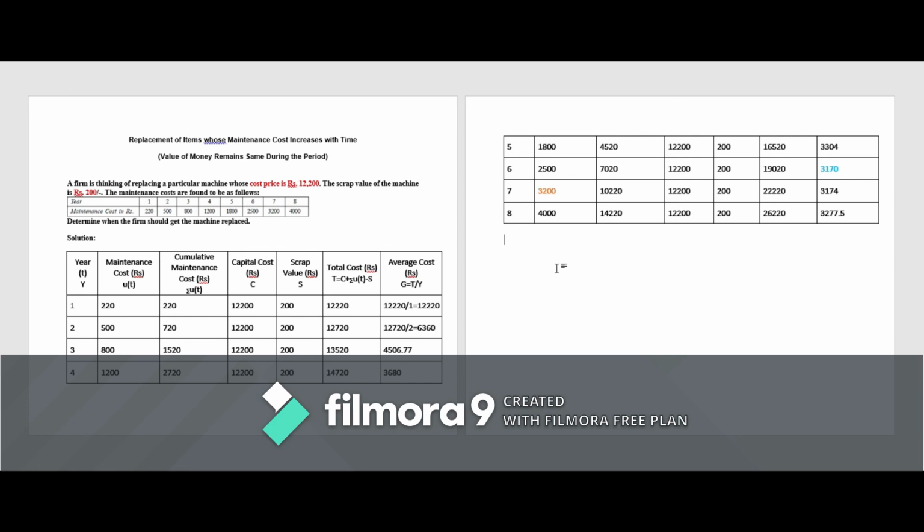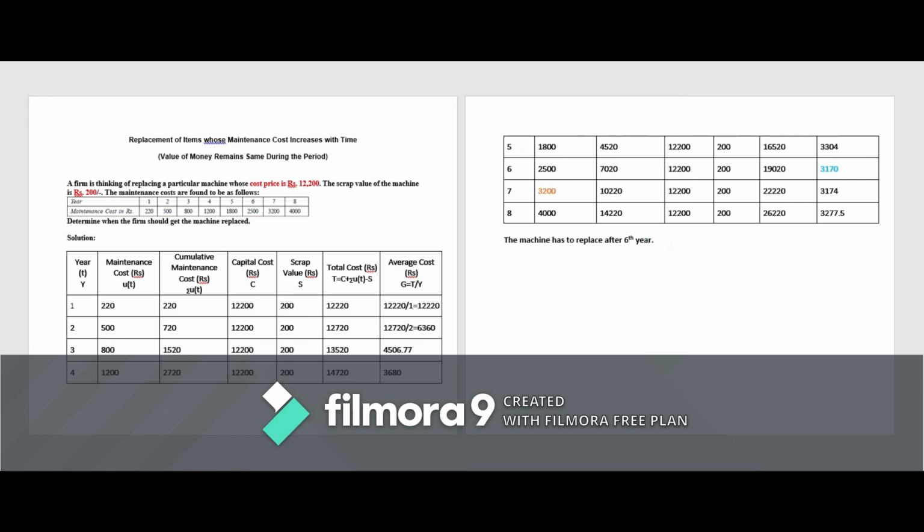The conclusion is that the machine has to be replaced after the sixth year. So this is the solution for the problem.